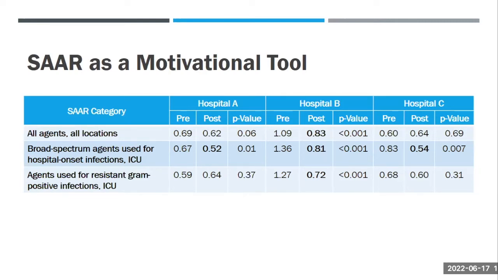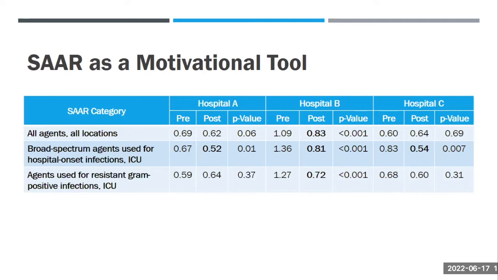Now you can see from the sites that there was pretty significant variation in terms of SAARs for hospitals A, B, and C. Specifically, hospitals A and C started at a much lower SAAR across the board than hospital B. The results of this study showed that one of the primary benefits was reduced deviation and variation. They were able to decrease hospital B's SAARs fairly substantially, bringing them more in line with the other hospitals included in this study.